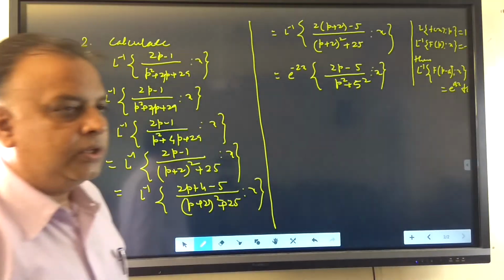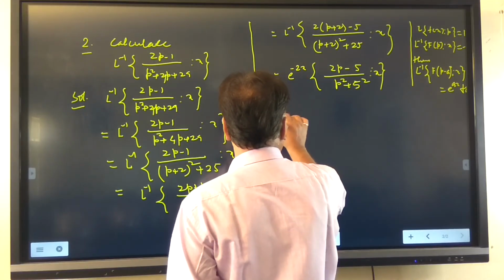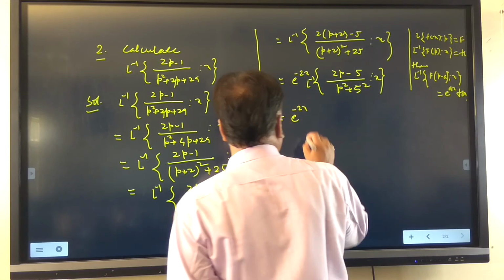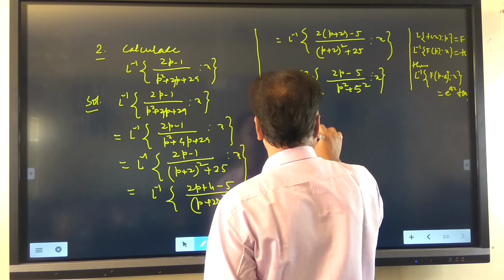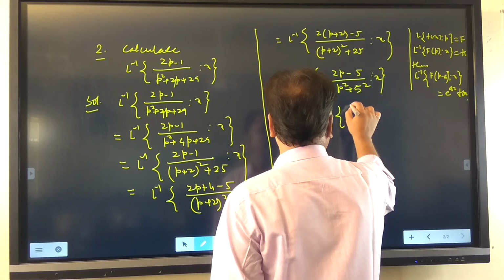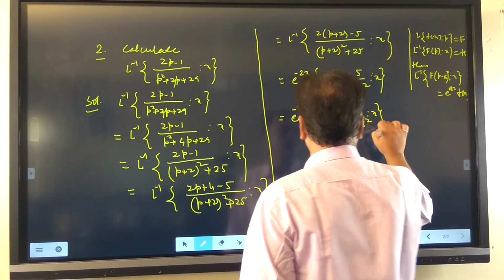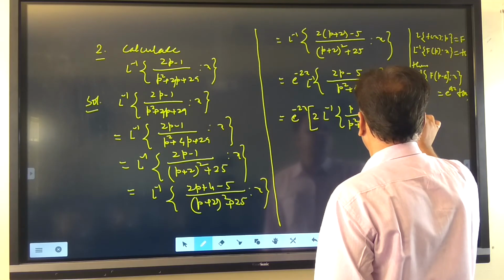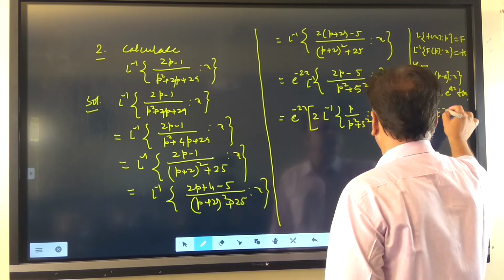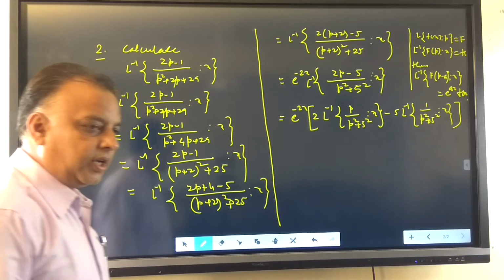Or we can write this as e raised to minus 2x times [2 into the inverse Laplace transformation of p upon (p square plus 5 square) minus 5 into the inverse Laplace transformation of 1 upon (p square plus 5 square)] with respect to x, by using the linearity property.